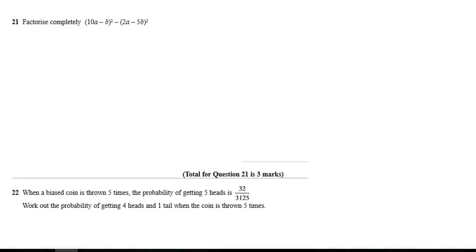Question number 21 is factorize (10a minus b) square minus (2a minus 5b) square. This question is of the form x squared minus y square. So that is equal to x minus y and x plus y.